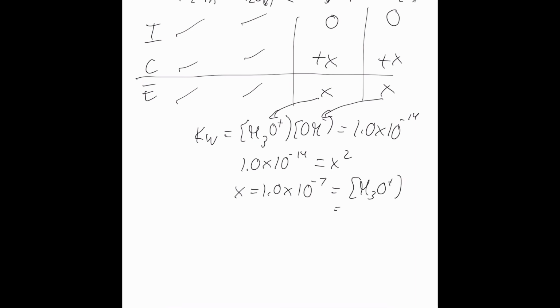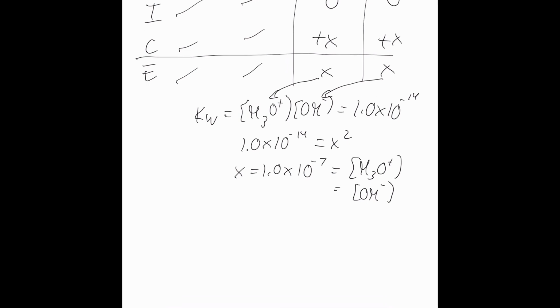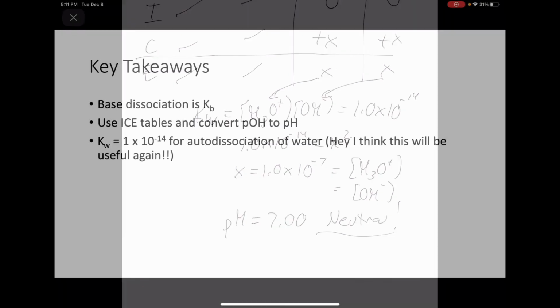It's actually also my OH minus concentration. Now this is a pretty small number, 10 to the minus 7. But if we were to figure out the pH, we just take the negative log, and it's 7. So remember when we talked about neutral, the acid and base are balanced. Pure water will give you a pH of 7.